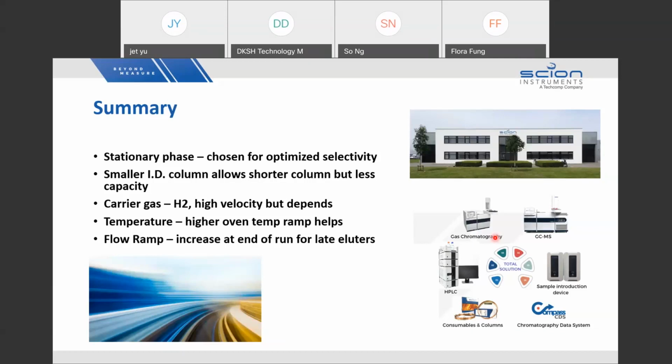You will not struggle over a 5 minute difference, but would rather focus on separation and resolution. Safety is another concern. If your lab has serious safety concerns about hydrogen use, then you had better switch to others. So these are all multiple factors for you to start with. Different users have different scenarios, so you have to think about this. I think these few factors already cover all the concerns you have.